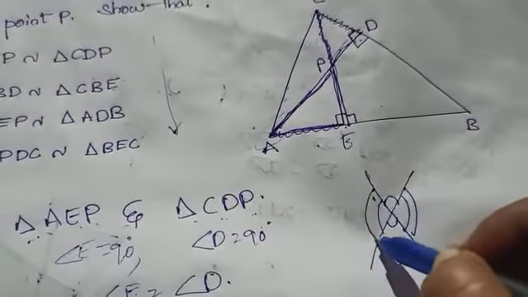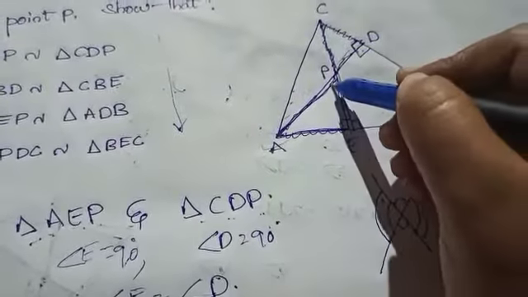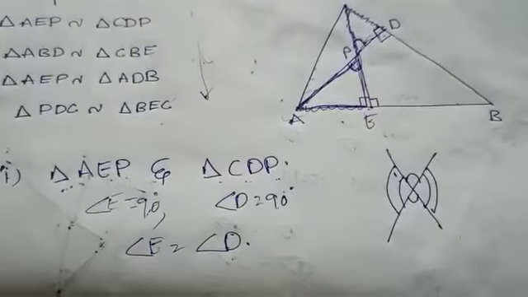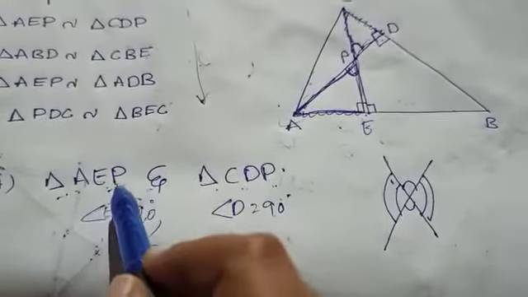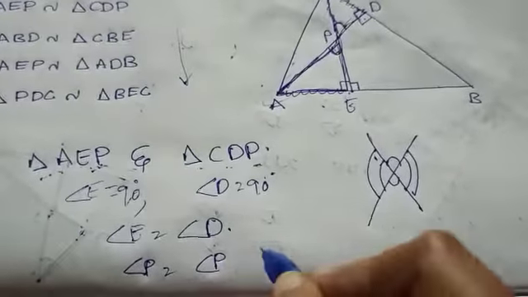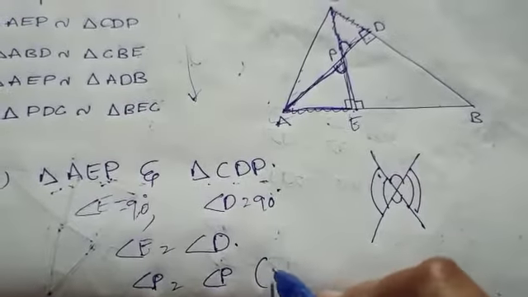vertically opposite angles are equal. This angle is equal to this angle. Here angle P equals angle P: a vertically opposite angle and a common angle.